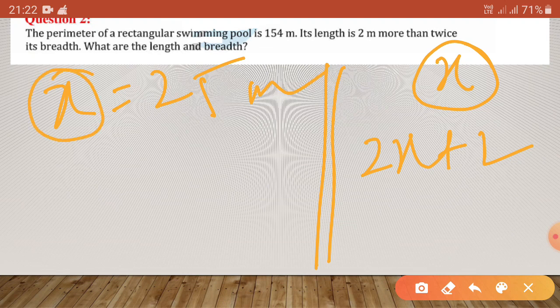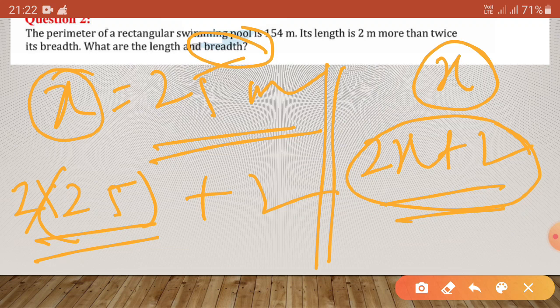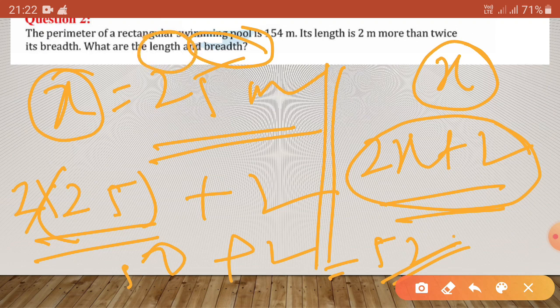So x means the value of breadth, so the value of breadth is 25 meter, and then the value of length is 2x plus 2. So we are putting the value of x here, 2 into 25 plus 2. So 2 into 25 gives us 50, and then plus 2, this gives us 52. Okay, so ultimately we got the result. The value of length is 52 and the value of breadth we already got as 25.